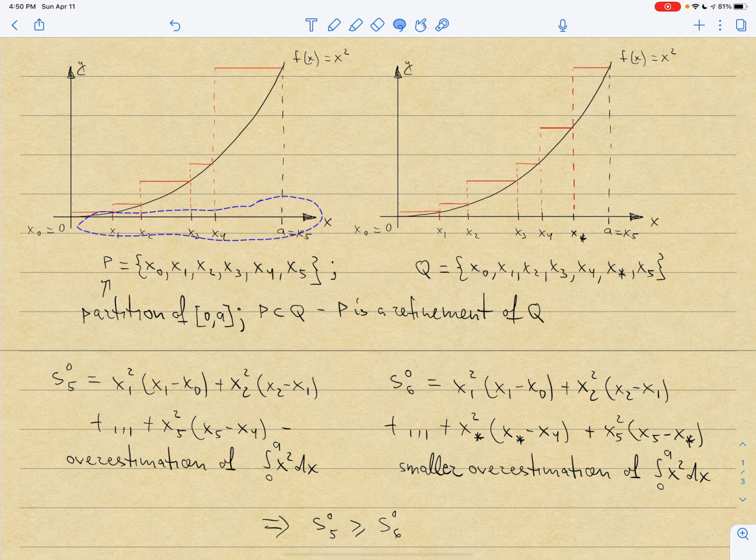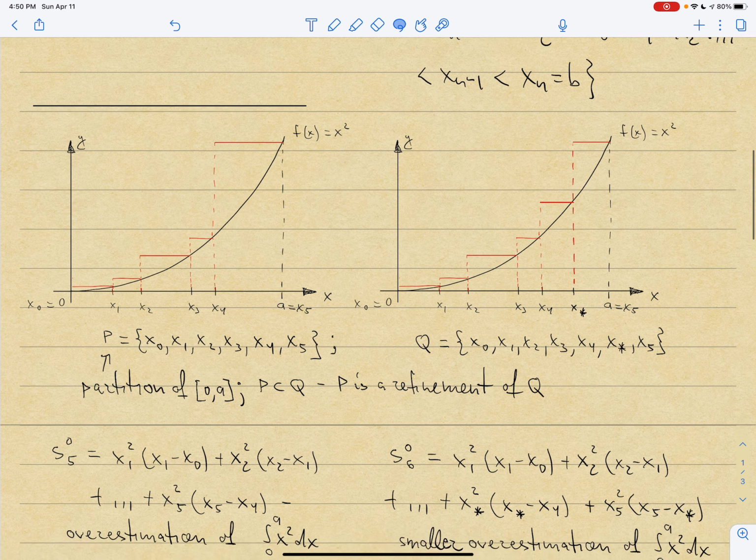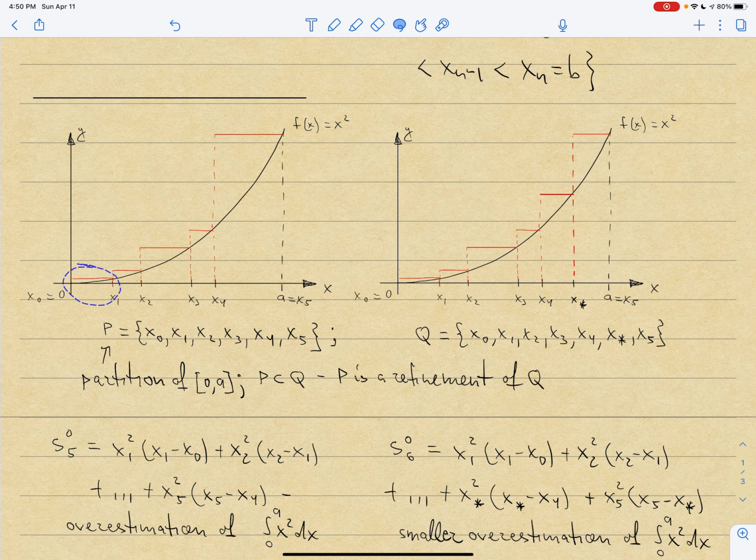On each interval, I would want to use the largest possible area supported by this interval. So, for instance, on the interval from x0 to x1, what is the largest possible height that I can use there? My function x squared is increasing, so the value at x1 is the largest. So f of x1 is the largest.